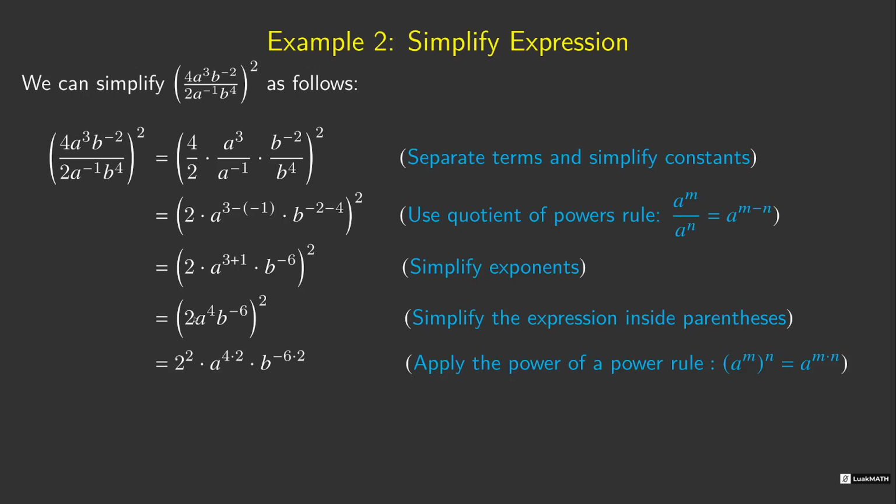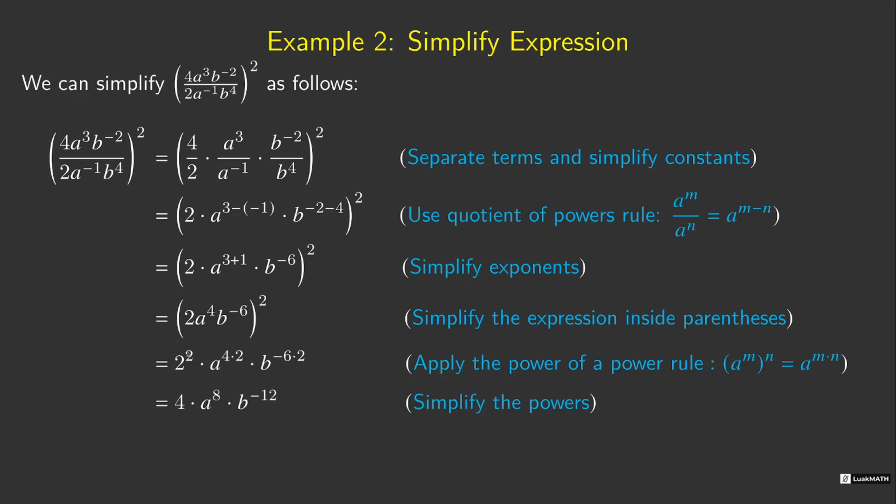So now we get 2 squared, a raised to 4 times 2, and b raised to minus 6 times 2. Okay, so here we're using the power of powers. When you have a to the m to the n, it's the same as just taking a to the m times n. So basically in here I am multiplying the exponents first.